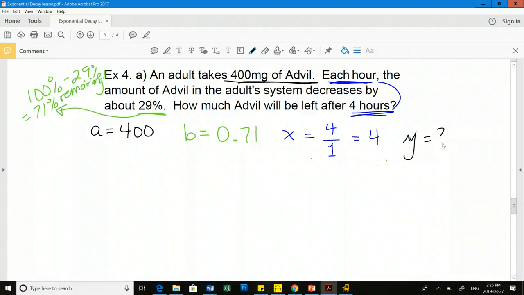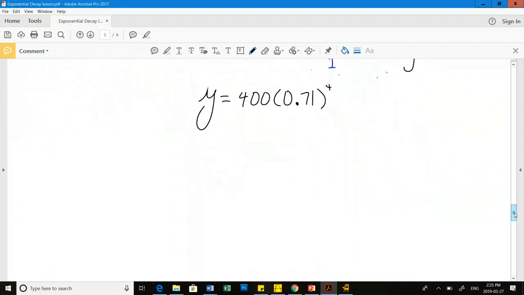Okay, so let's enter this in. This should just be a straightforward calculation here. 400 times 0.71 to the exponent 4. What'd you guys get?